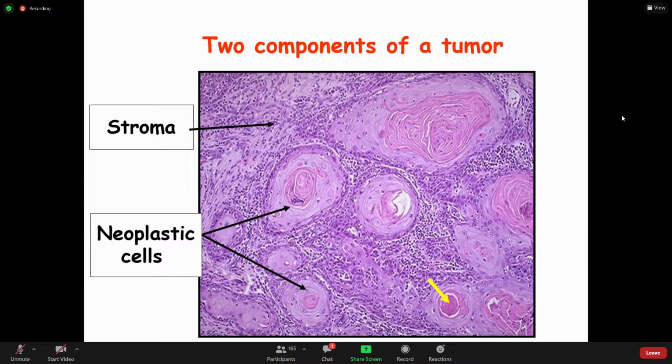So there is, again, crosstalk between the stroma and the parenchyma, crosstalk between the two components of the tumor. The truly neoplastic part is the nests, and then there is the supporting tissue, which is the stroma.